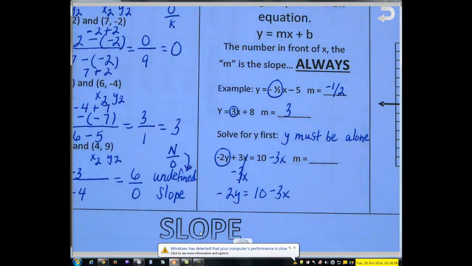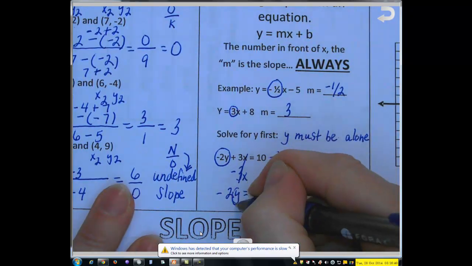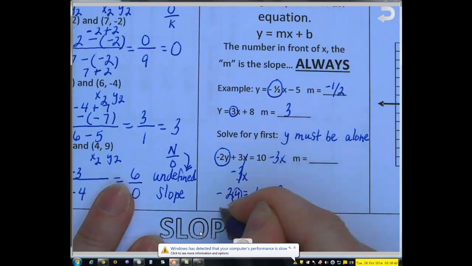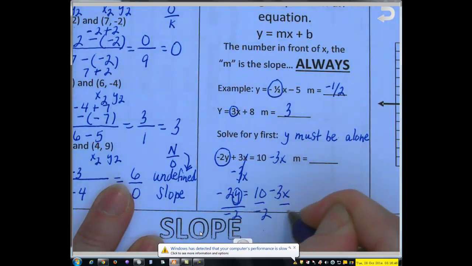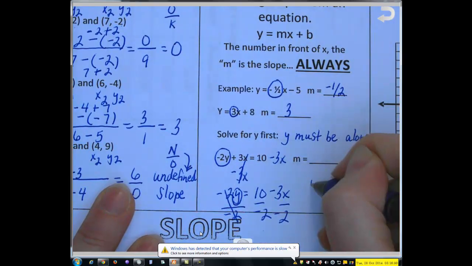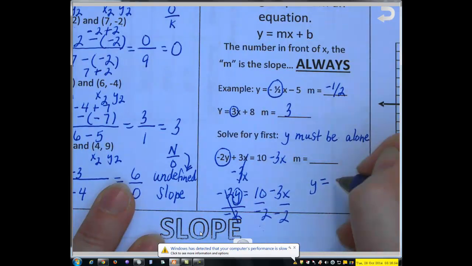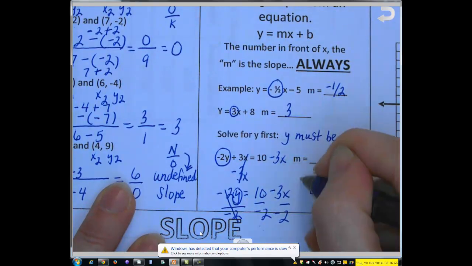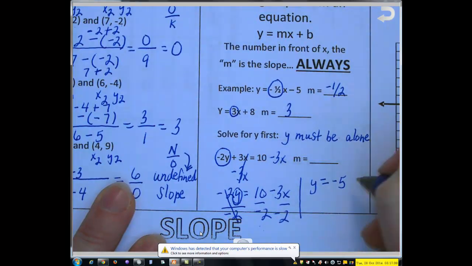Now that we have the -2y alone, we can work on getting the y alone by dividing everything by -2. When we do that, we get y equals 10 divided by -2 is -5. -3 divided by -2 would give us a +3 over 2x.